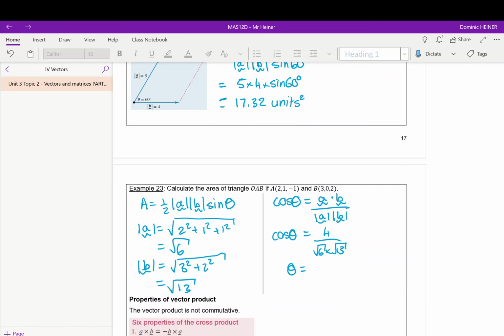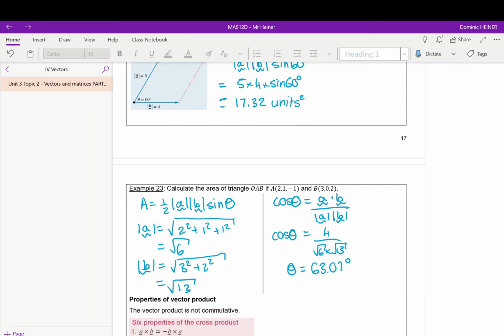So theta is equal to, let me just check here. So that's going to be 63.07 degrees.